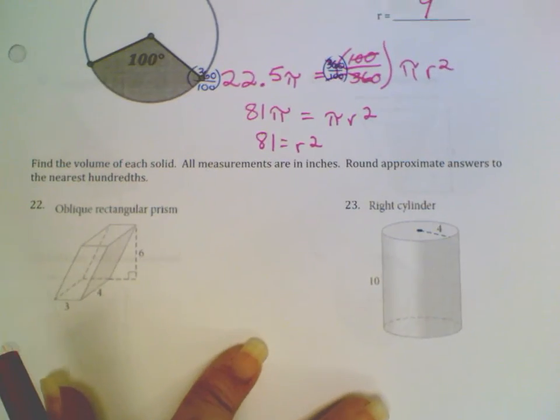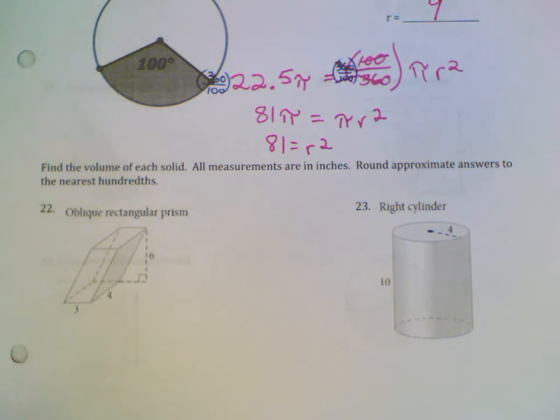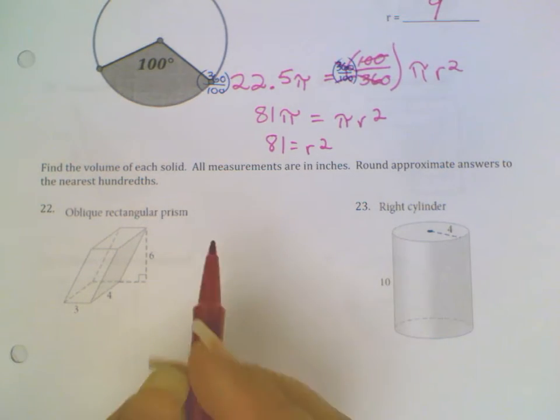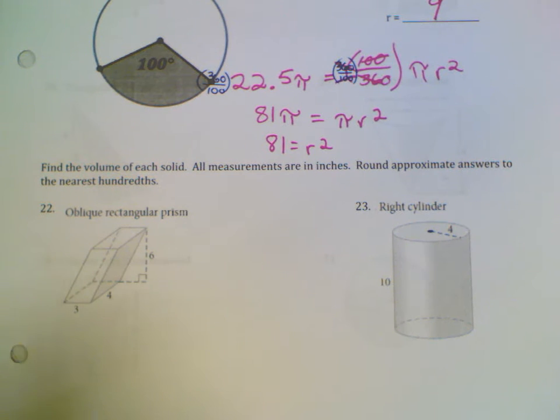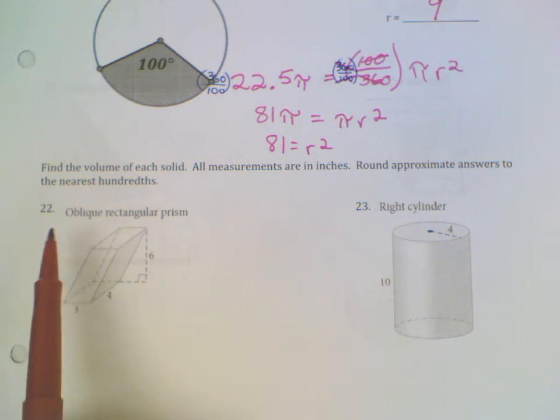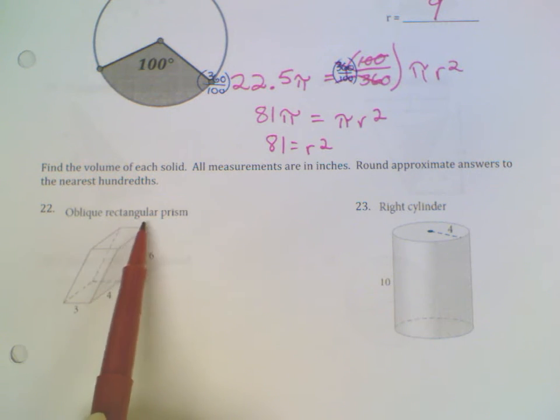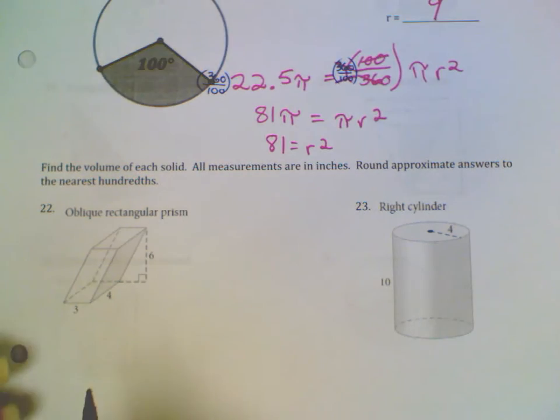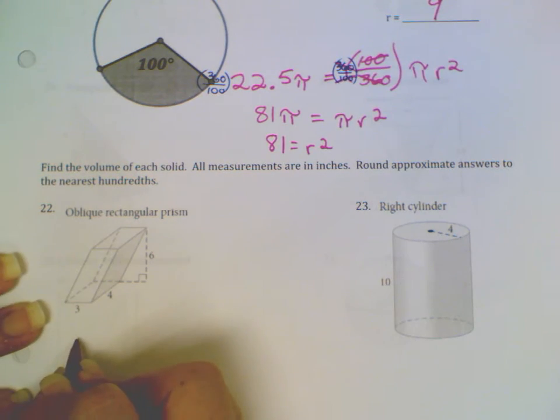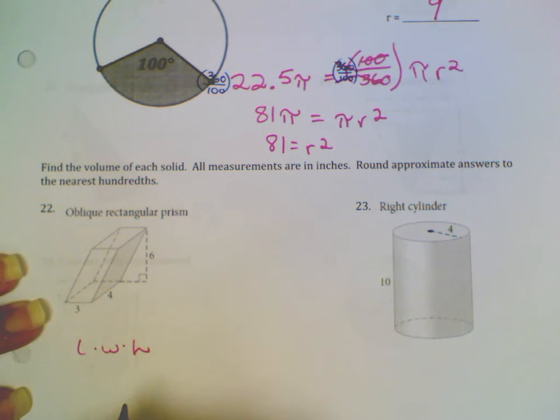For number 22 and 23, we are going to be using the volume formulas. You will have the blue sheet that has volume formulas on the test. You just need to know how to use them and how to plug things in. So if we're dealing with an oblique rectangular prism, then that will be length times width times height, or the area of the base times the height.